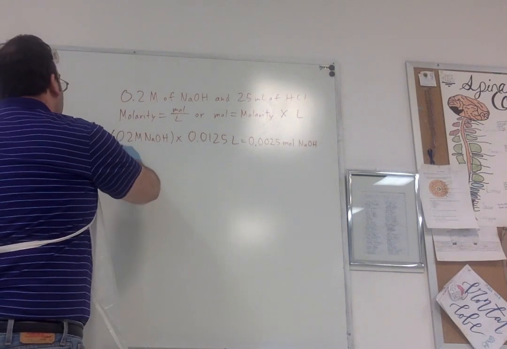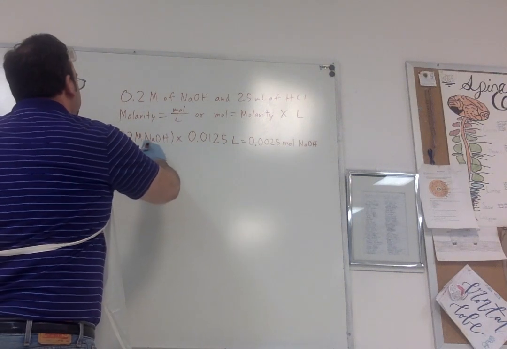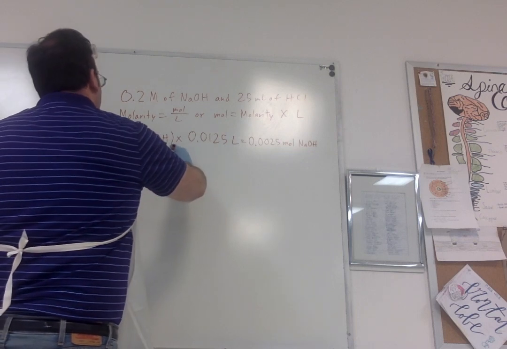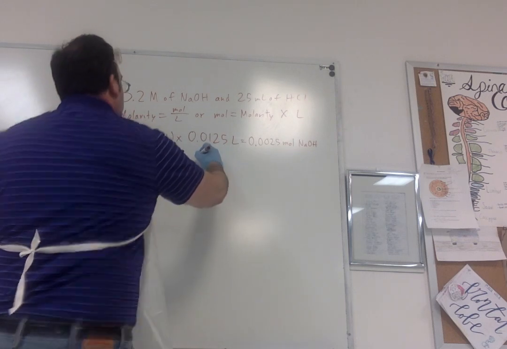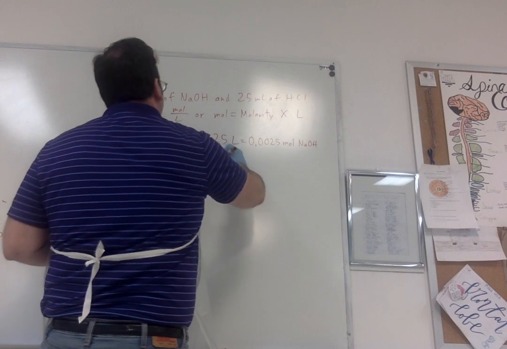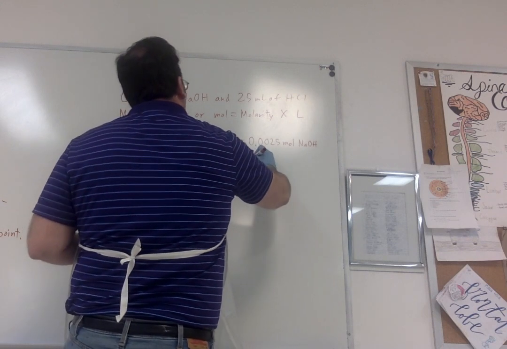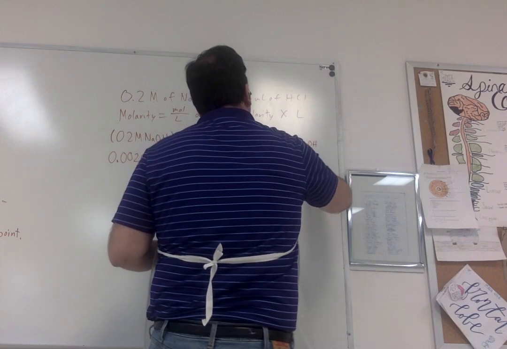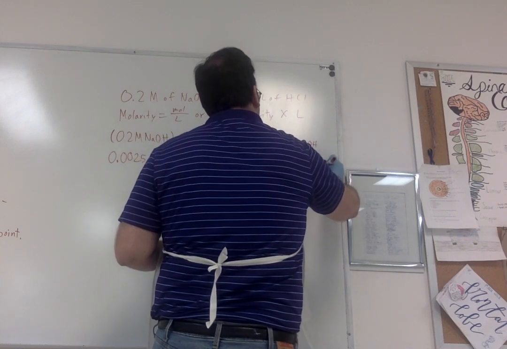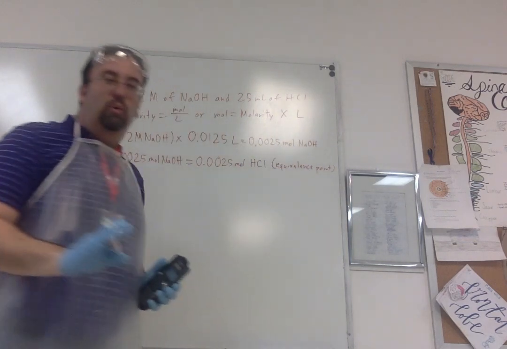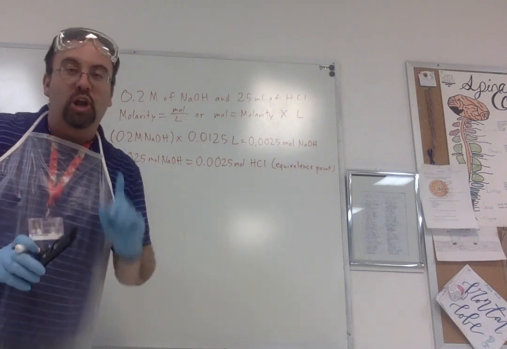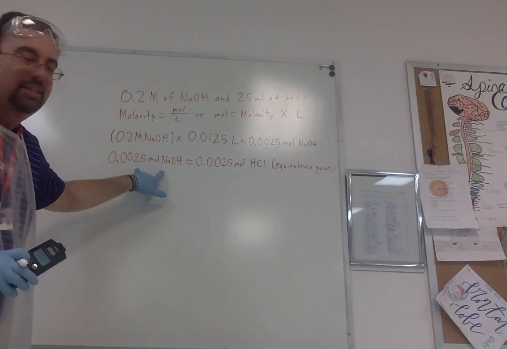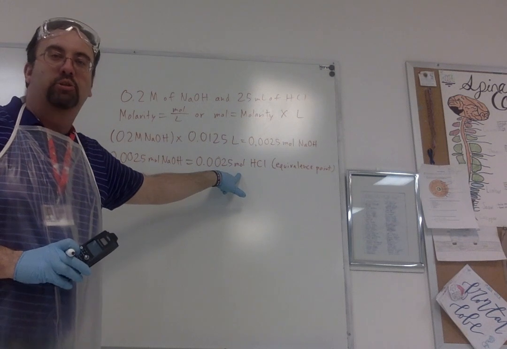So 0.0025 mole NaOH equals 0.0025 mole of the HCl. And so remember, it's because we're at the equivalence point, so we know that the moles of this base is going to match up with the moles of this acid.